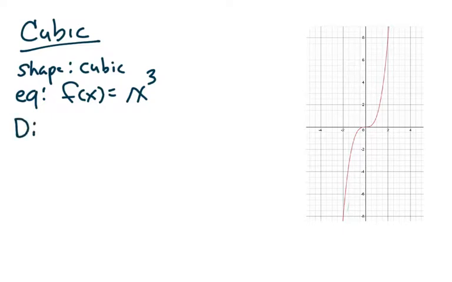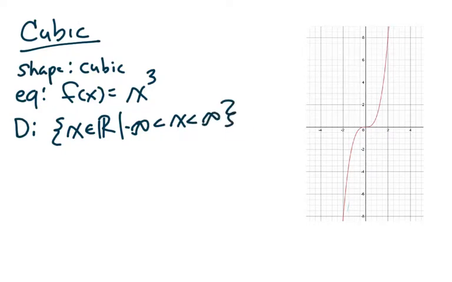Its domain is going to be all real numbers, right? I mean, you can plug in anything into this cubic. You can plug in any real number you want, and you'll get some value out. So its domain is real numbers, such that, the bar means such that, x can be between negative infinity and positive infinity. Okay.